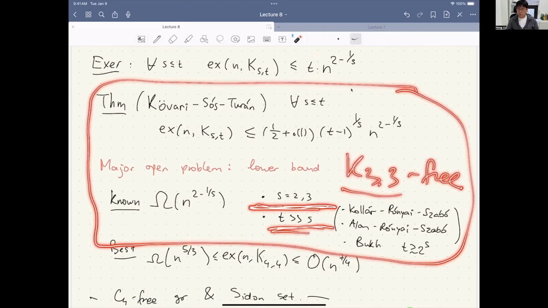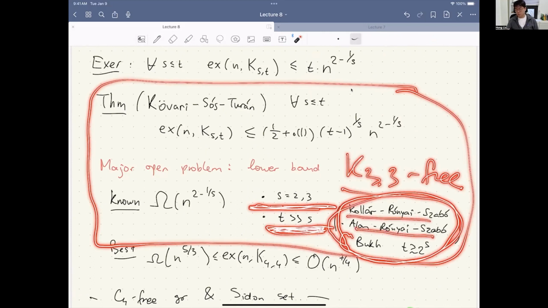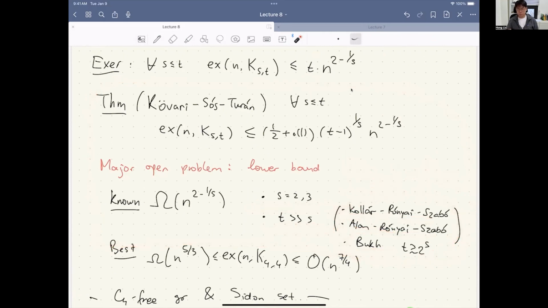As for when it's very skewed, maybe in the later advanced part, we're going to mention other constructions. One classical one is the so-called norm graph, and the recent development is the random algebraic construction of Bukh.